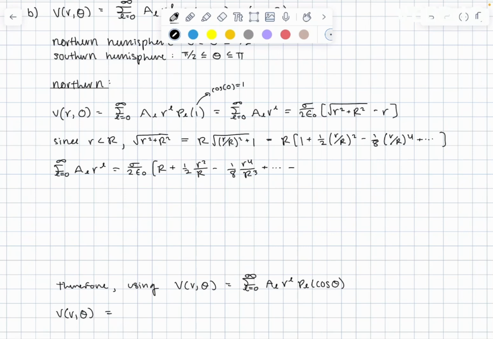And then we have to keep that minus r because that wasn't factored out or anything. So that's from up here.